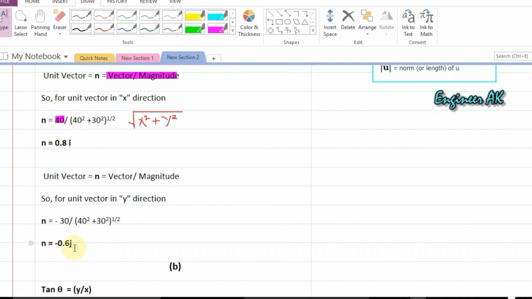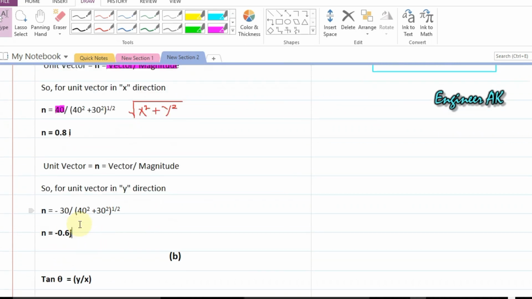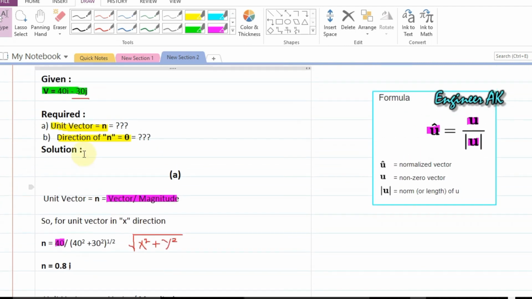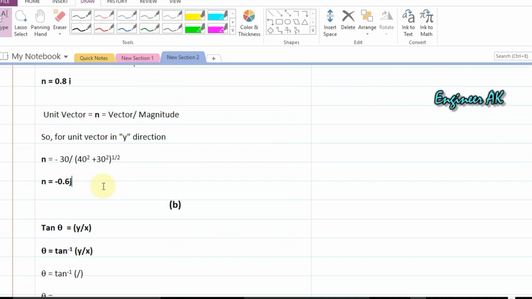Now we have found the unit vector, so if I write it combined, v equals 0.8i minus 0.6j.